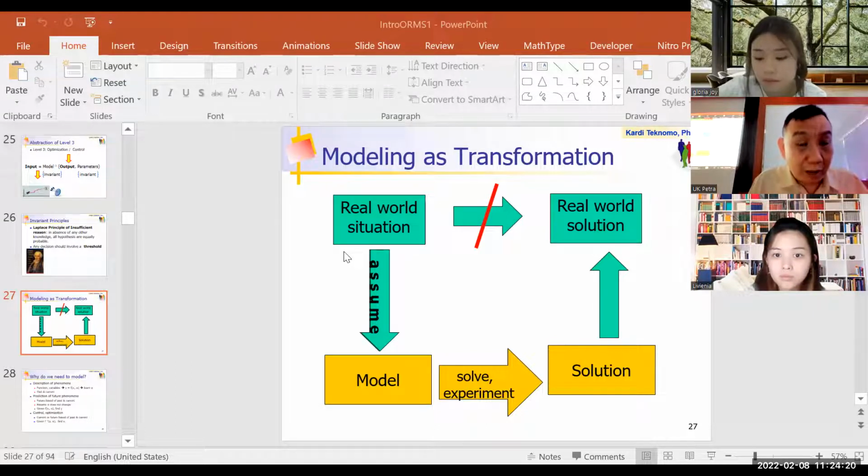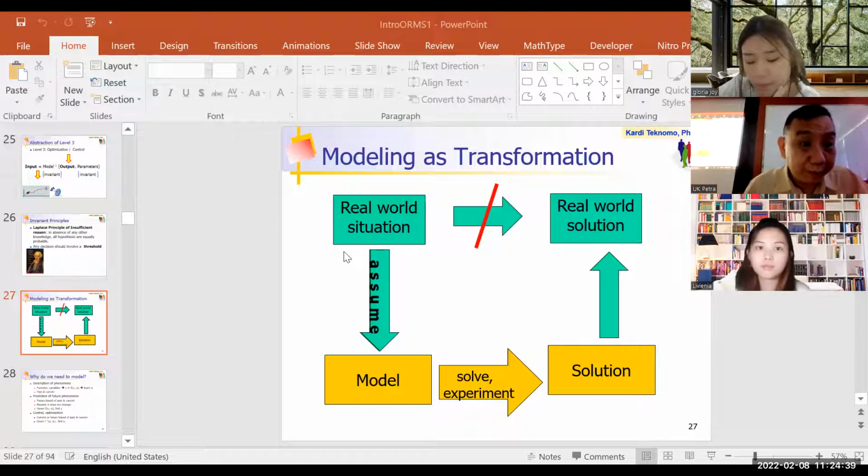The problem happened because they have power and a budget that is not their own. They use it for the real world solution, experimenting directly in the real world. So, no, no, no. If it is your own money, your own company, will you do that? No way.